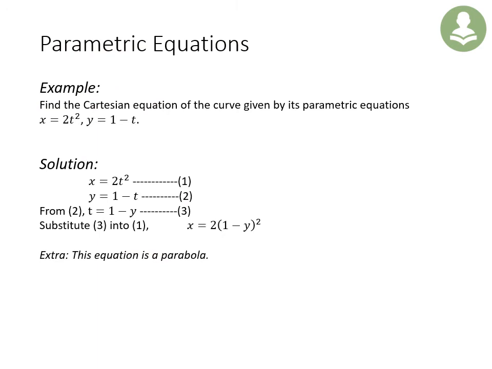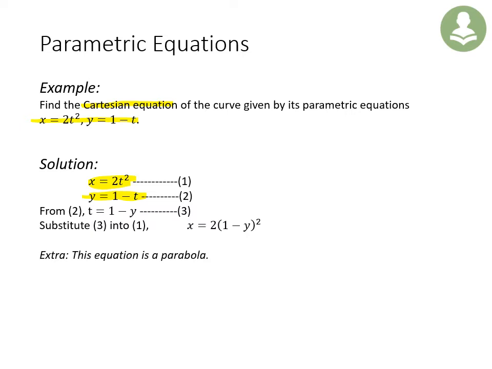In this example, we are going to be looking for the Cartesian equation of a set of parametric equations. We want to write one equation in terms of x and y only, without the t variable. So we set the first equation x equals 2t squared, the second equation y equals 1 minus t.